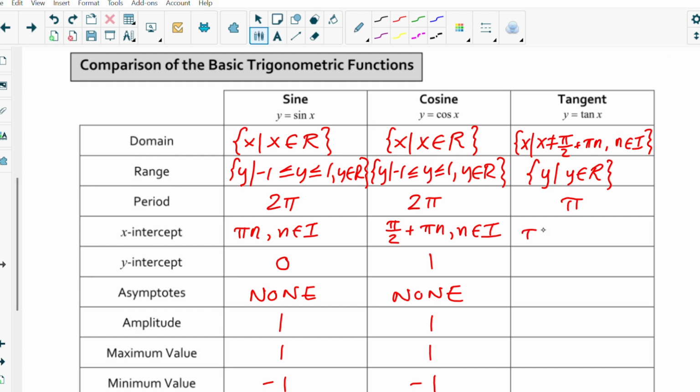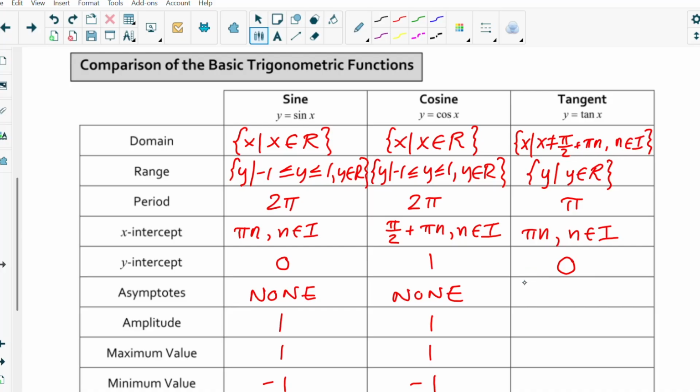If I start at pi n and n is any integer, when n is 0 the x-intercept is 0, if n is 1 the x-intercept is pi, and if n is -1 the x-intercept is -pi, and so on. The y-intercept is 0, passing through (0, 0).